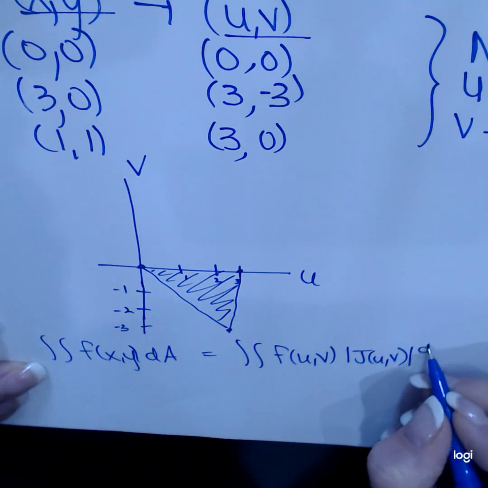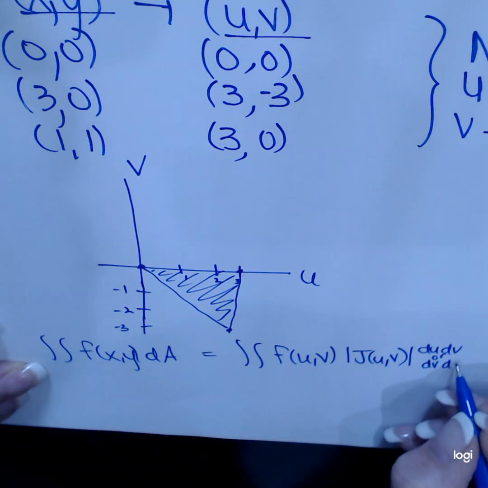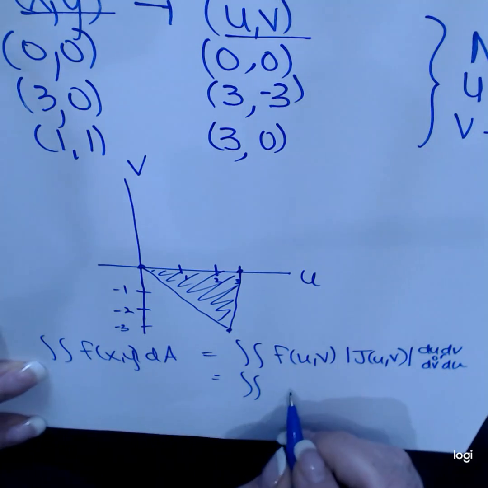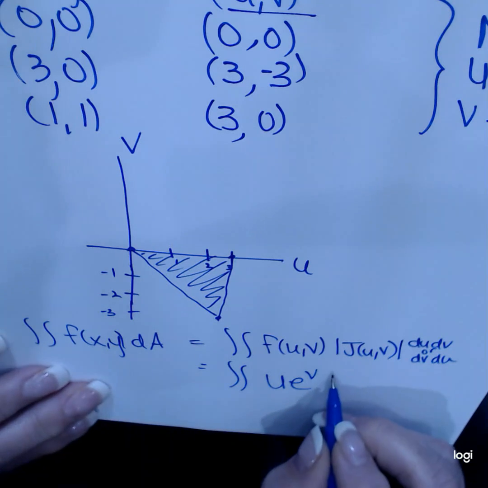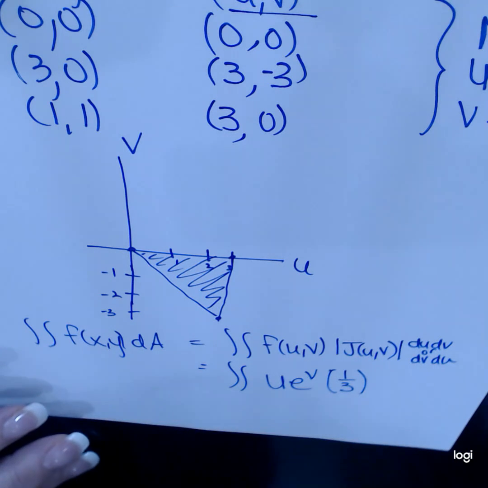And then we can either do a du dv or a dv du. So this is going to be the double integral, and we rewrote our function as u e to the v. Our Jacobian was 1/3, and so the absolute value of 1/3 is 1/3. Don't forget to always take it as an absolute value.